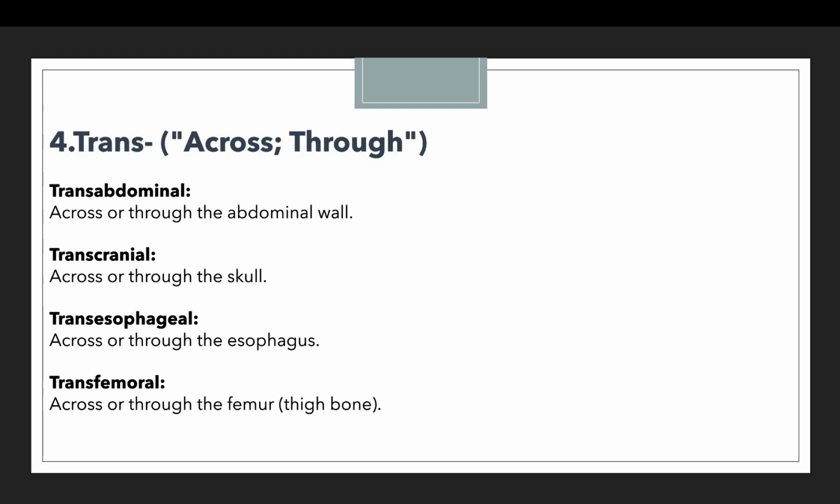Likewise, we have another example which is transfemoral, which is across or through the femur, the thigh bone. So when we want to show something as transfemoral, it is used to showcase something as across or through the thigh bone or femur.